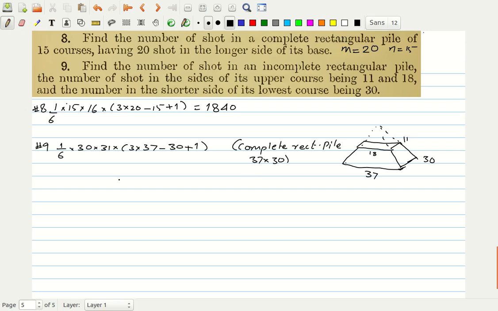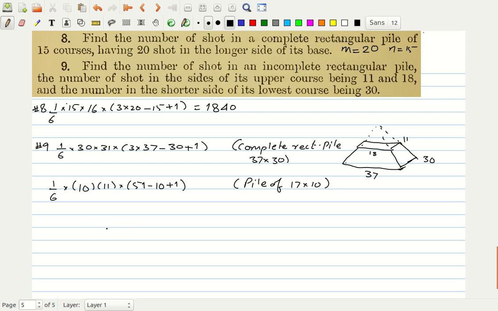Okay, consider a pile of 17 by 10 balls, so that will be having 1 by 6 into 10 into 10 plus 1 is 11 into 3 times 17 is 51 minus 10 plus 1. So this will be the number of balls in the pile of 17 by 10 balls. So if I subtract this from this, I will get the answer for 9.